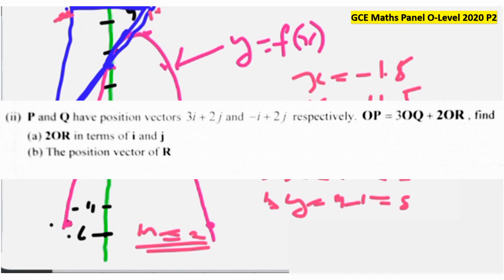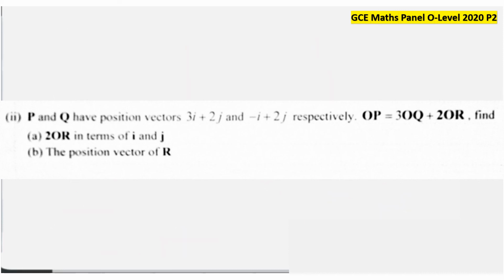Using that relationship directly, we have OP equal to 3 OQ plus 2 OR.